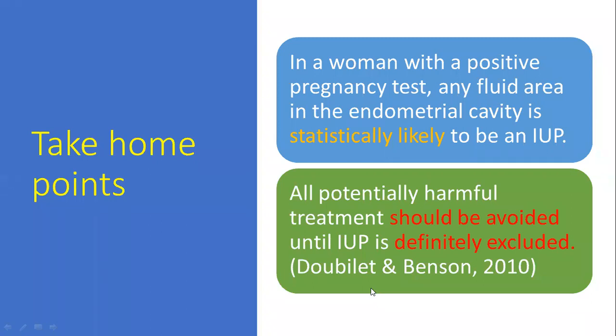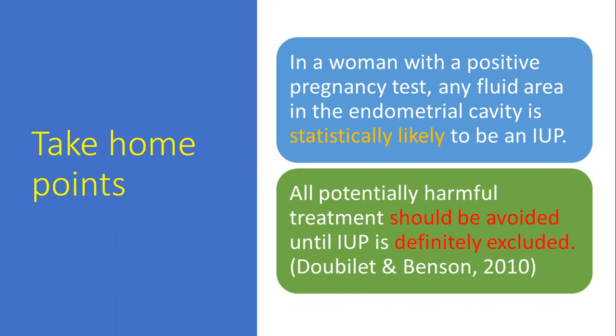So in conclusion, what we need to take home is, in a woman who has a positive pregnancy test, whenever we see fluid in the endometrial cavity, it is statistically likely to be an intrauterine pregnancy.